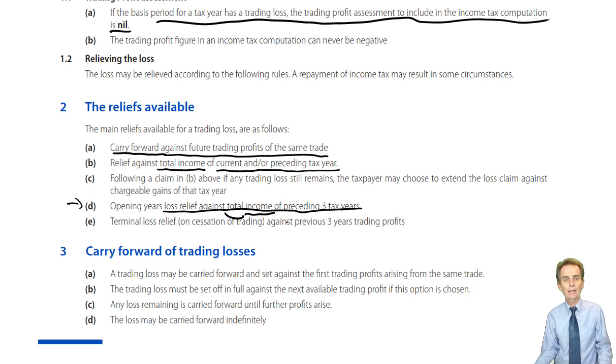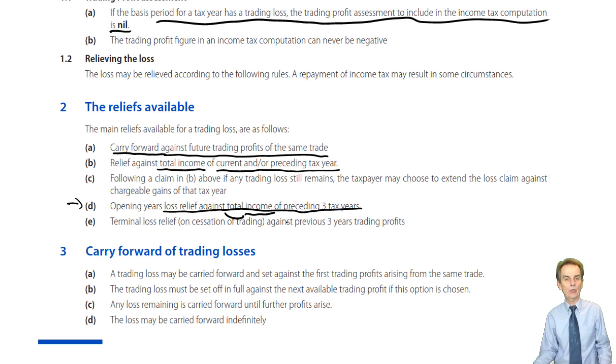It means that if in the very first tax year in which you have traded, you should sustain a trading loss, then that specialist opening years relief would allow you to carry the loss back against total income of the preceding 3 tax years. You could go back 3 tax years in terms of setting off against income, total income, that arose years before you had even thought about setting up in your own trade.